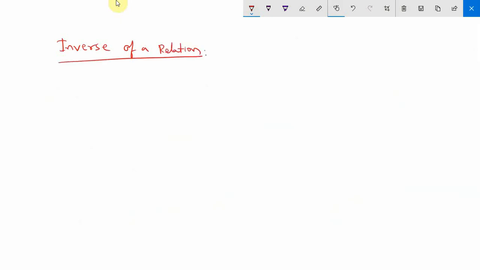So we have seen domain and range. Then what is the inverse of a relation?